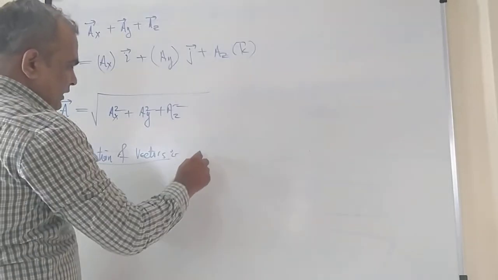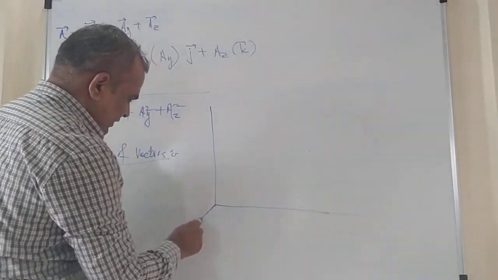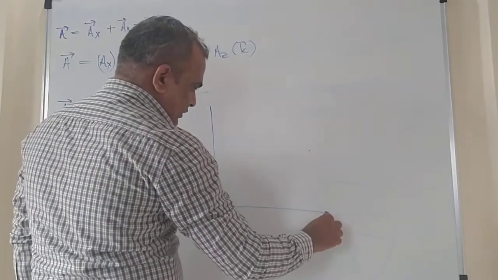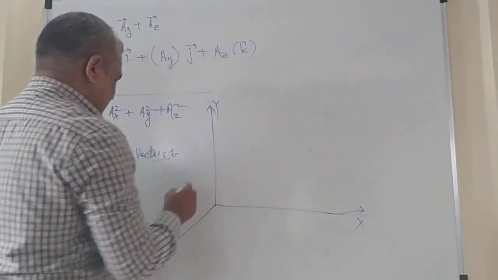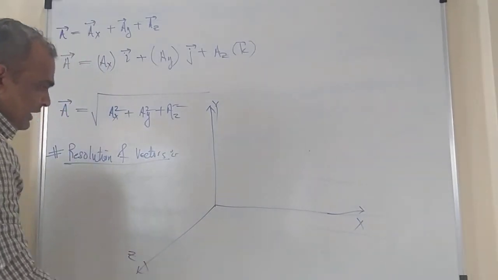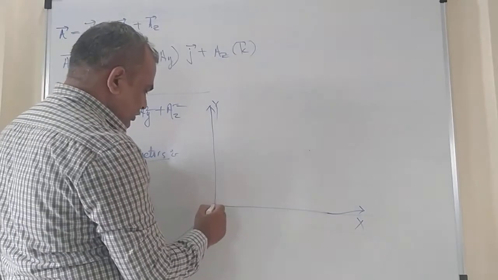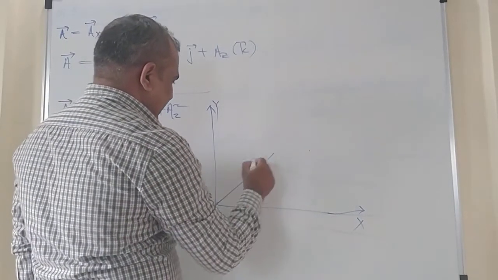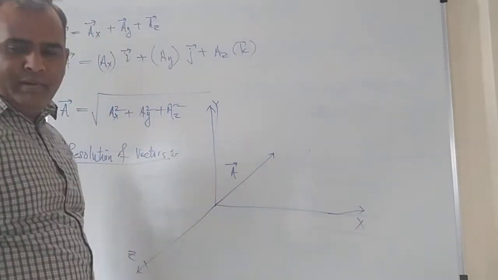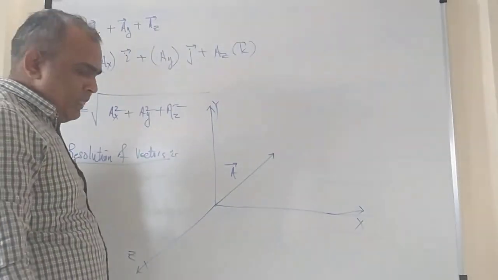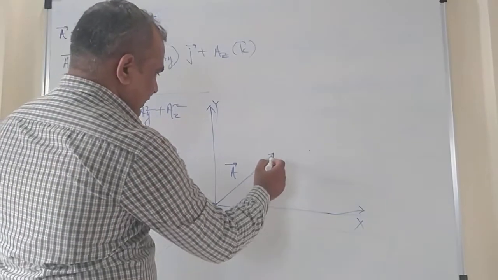Let me draw the axes: this is our x-axis, this is my y-axis, and this is the z-axis. Now let us consider a vector. Suppose this is your vector a bar in the xy plane, and let us consider the magnitude of this vector to be this much.